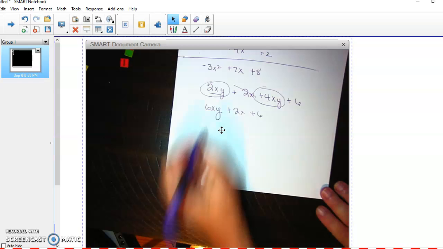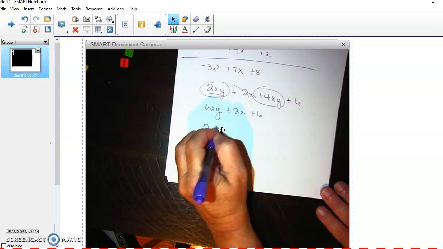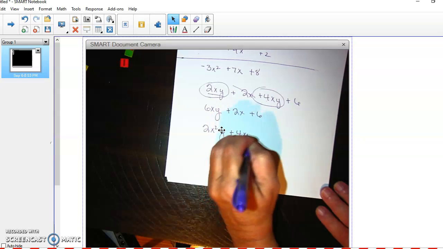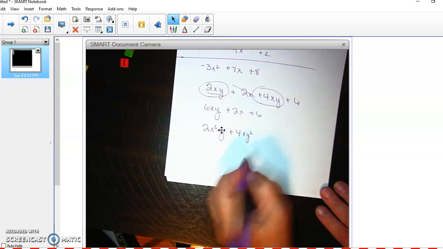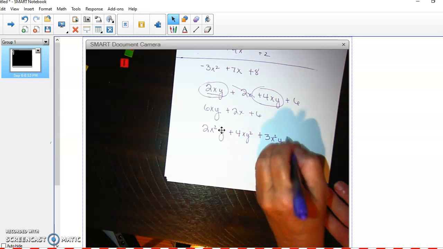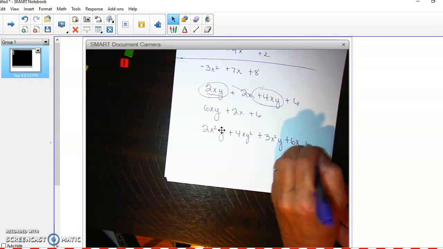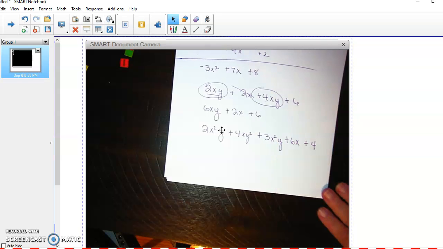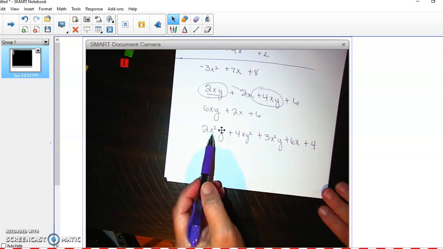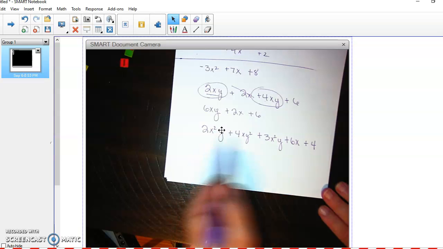Okay, try another one. Let's do 2x squared y plus 4xy squared plus 3x squared y plus 6x plus 4. Now, these have xy's, but this one has an x squared, this one doesn't.